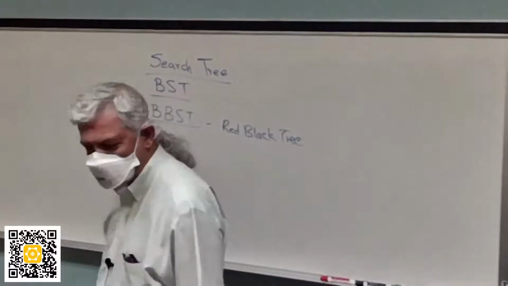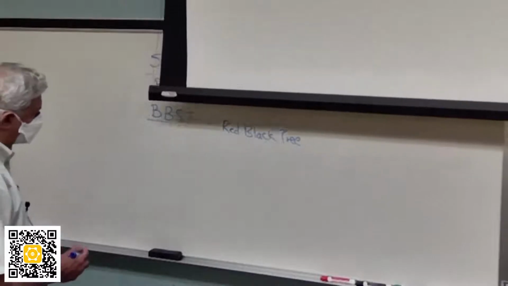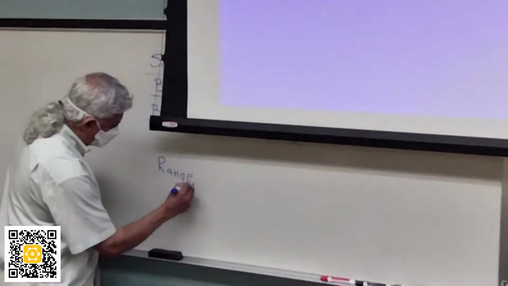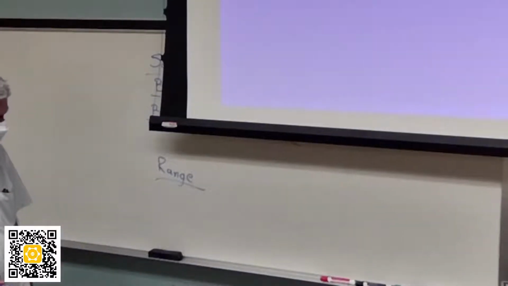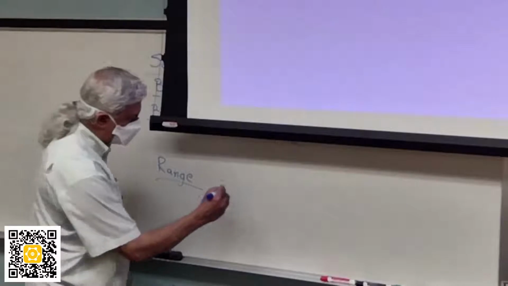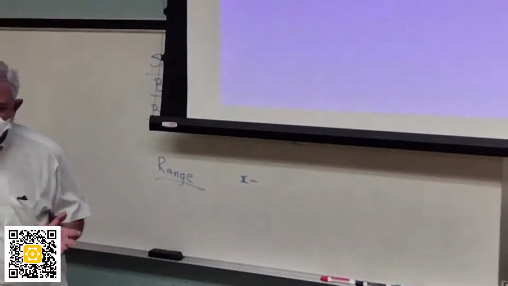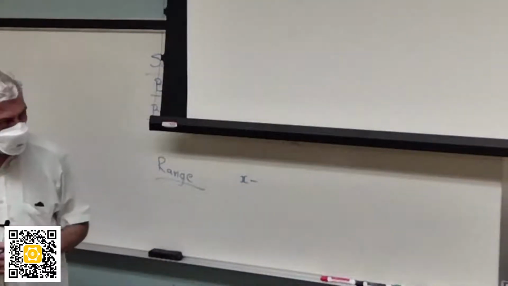So that brings us to the next question. We want to ask what are called range questions. Now what are range questions? I could ask, if I gave you a value x, don't just tell me if it's there or not, but find me the nearest one in your set. So it's almost like binary search, except that you're asking for a little bit more.